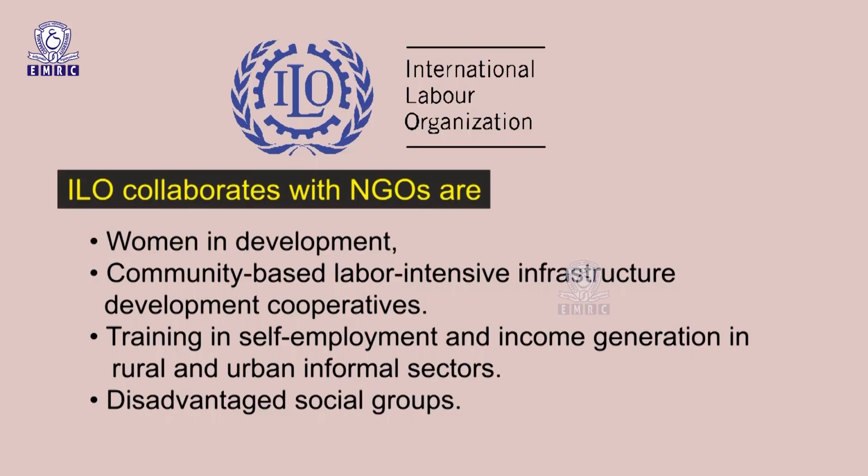Now, let us look at the relationship of ILO with non-governmental organizations. ILO collaborates with NGOs in many different technical areas, and some important areas are women in development, community based labor intensive infrastructure development, cooperatives and training in self employment and income generation in rural and urban informal sectors and for disadvantaged social groups.